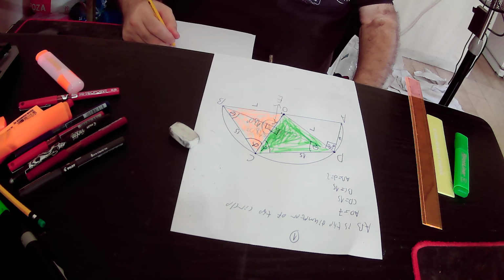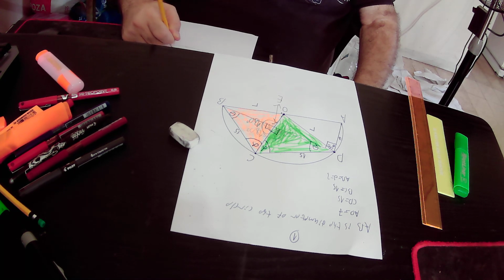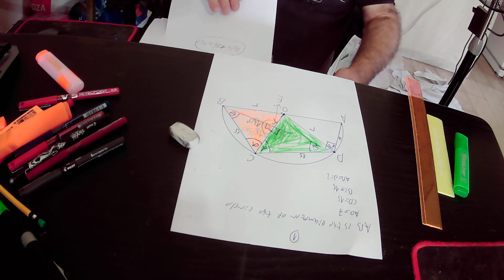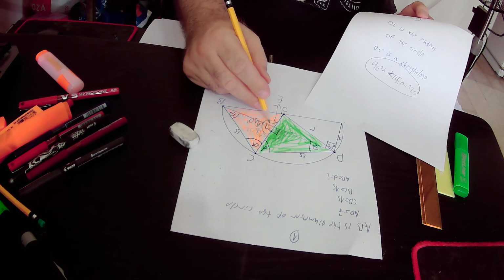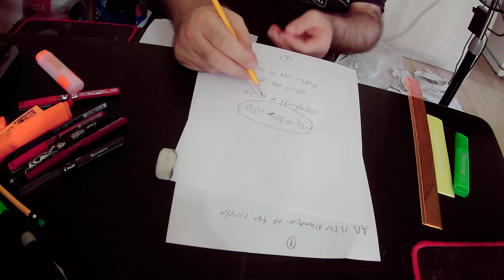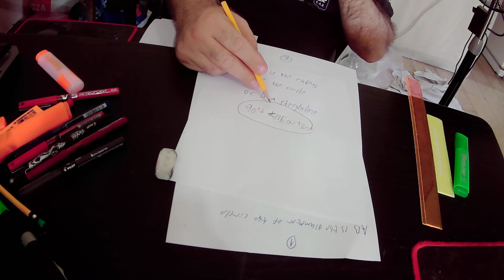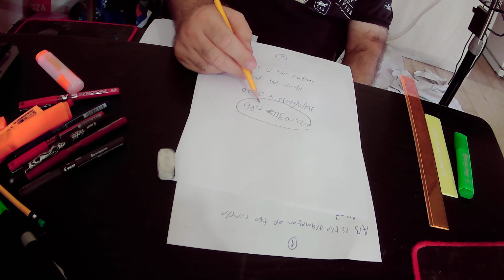So 90 degrees plus angle BEO equals 180 degrees.